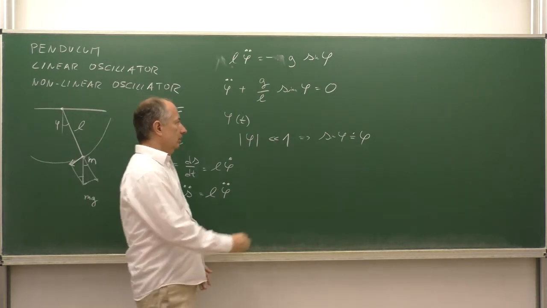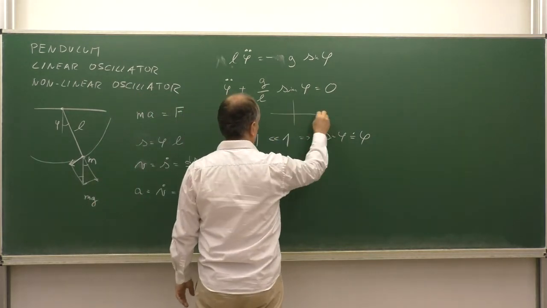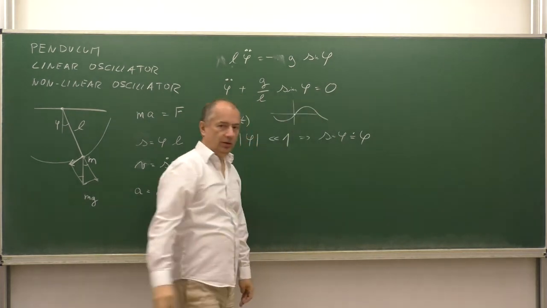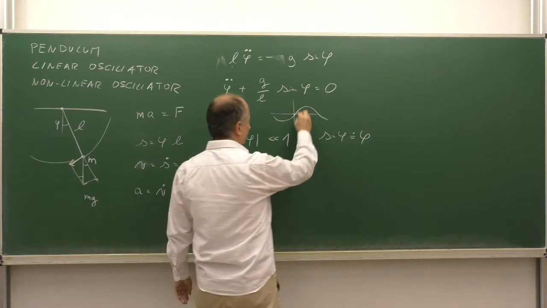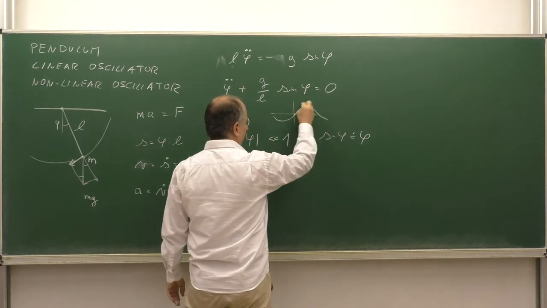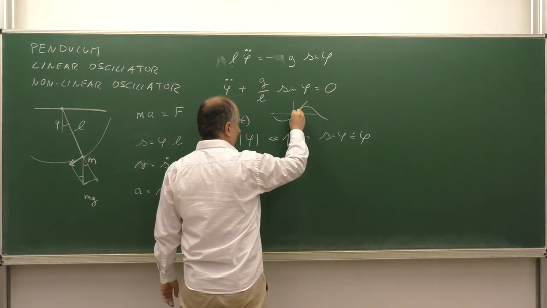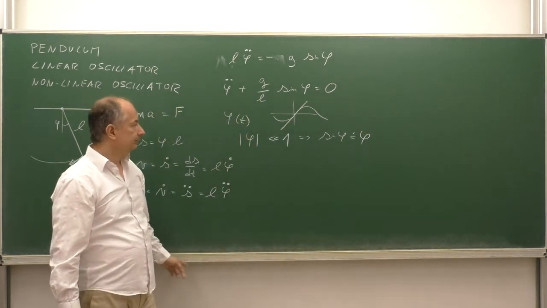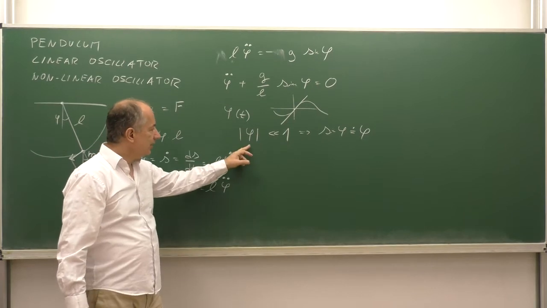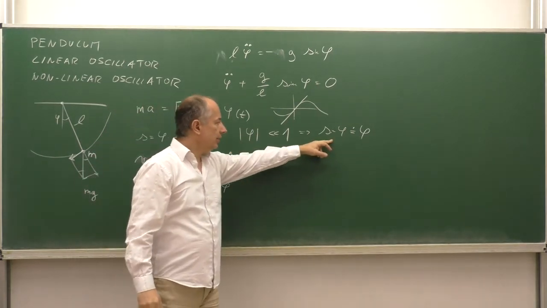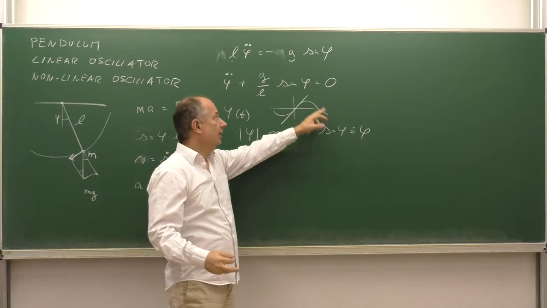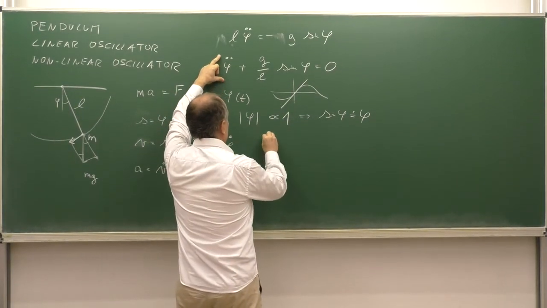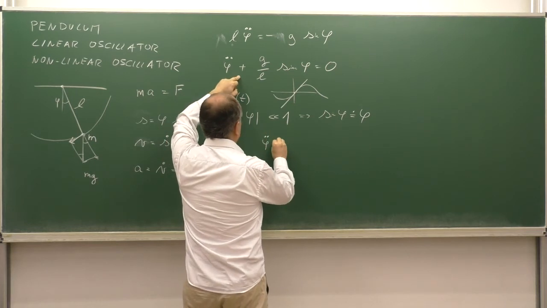Well, you can think of this as just the first order Taylor polynomial, which is quite a good approximation if phi is small. Graphically, the function sine is 0 at 0, and for small arguments, this curve is almost indistinguishable from this line, phi itself. So under this assumption, we can use this simplification called linearization, and then this nonlinear differential equation turns into a linear one.